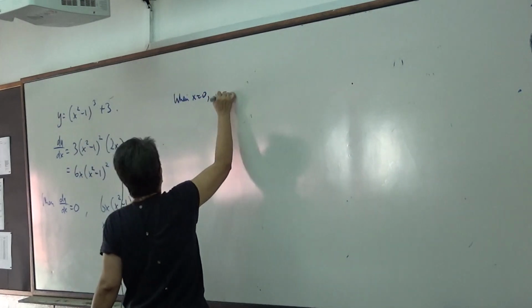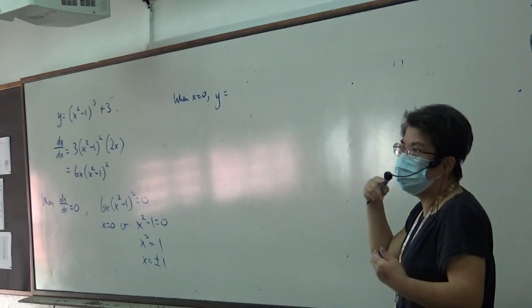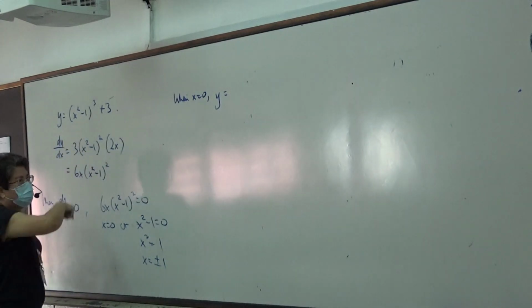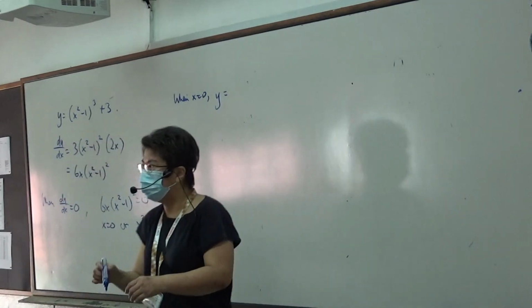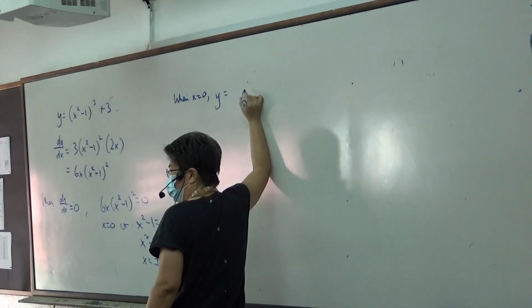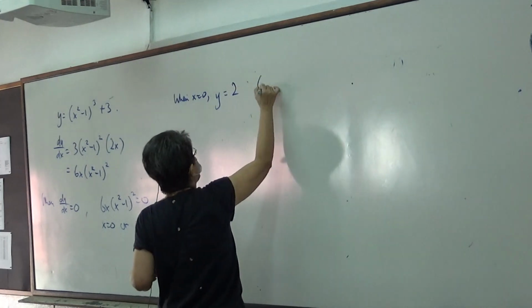When x is 0, what is y? Don't look at me. Plug in. Everybody plug in. Answer? 2. So the first stationary point is (0, 2).